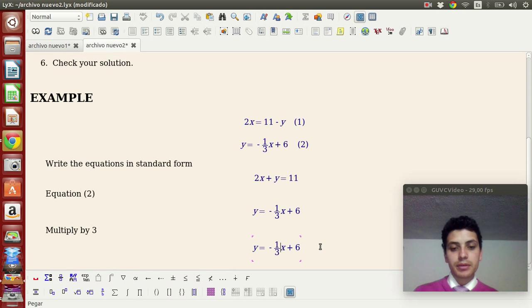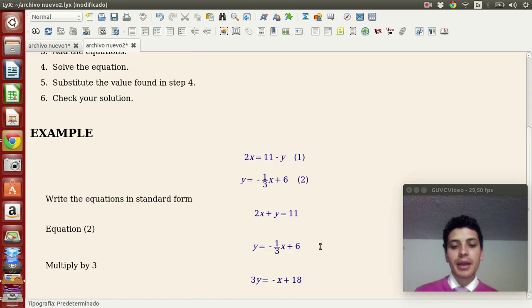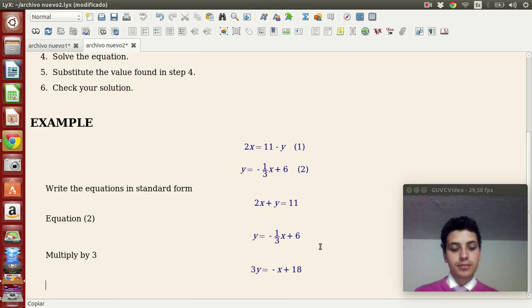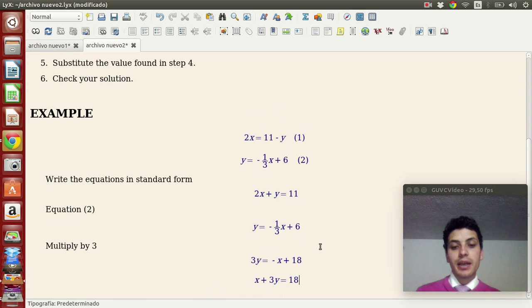What's gonna happen? 3y equals x, so we can get rid of the fraction, and 6 times 3 is 18. Now we have to add x to each side. X plus 3y equals 18.